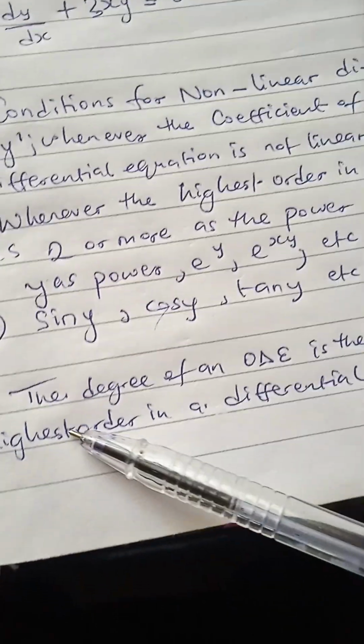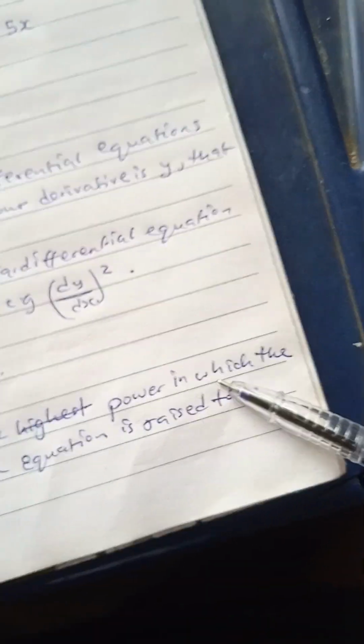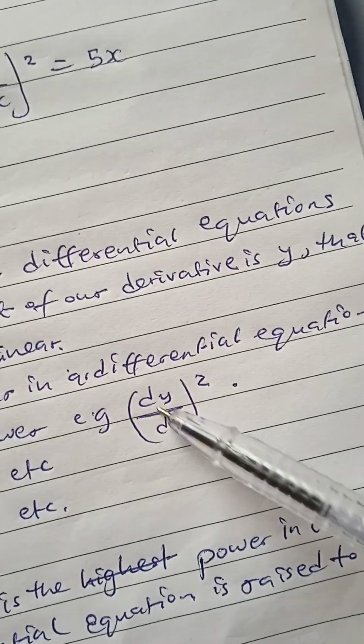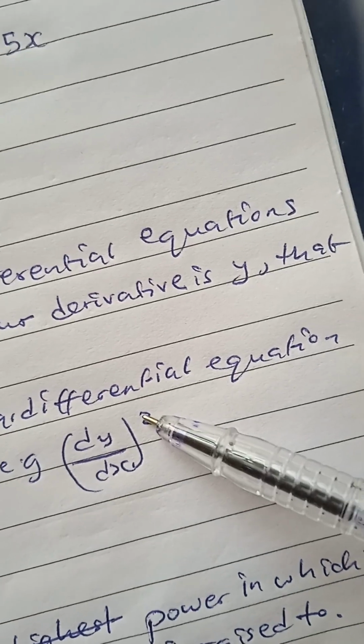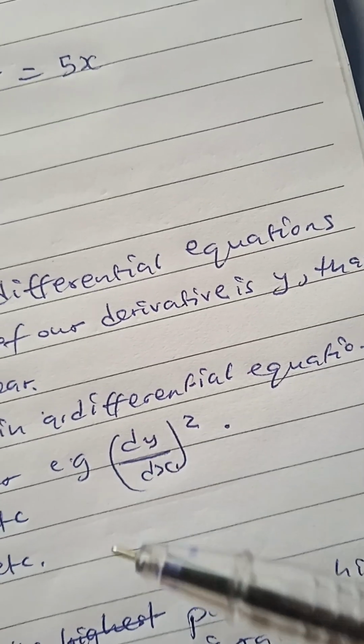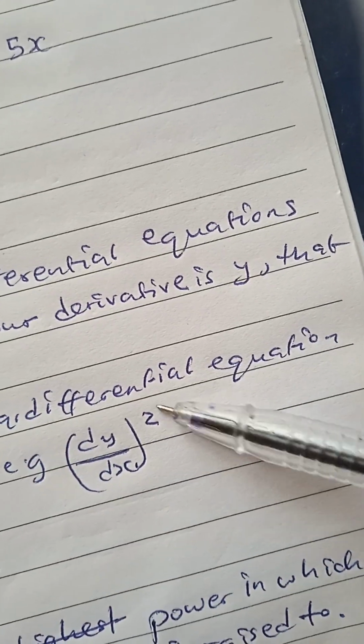And here, to know the degree of an equation: the degree of an equation is the power. This thing is a power, like dy over dx all raised to the power 2. It means that this is multiplied by itself 2 times. This 2 is a power.